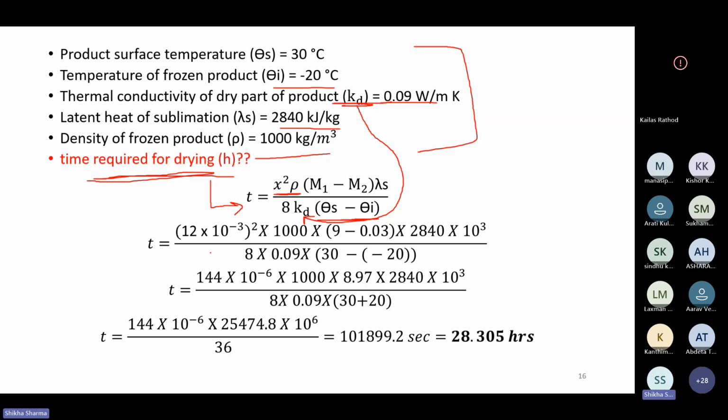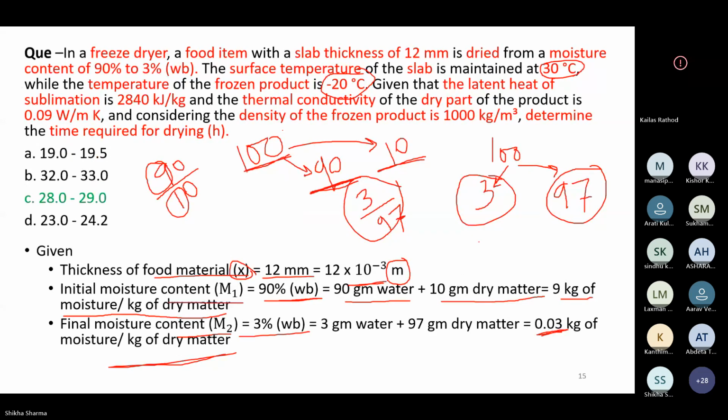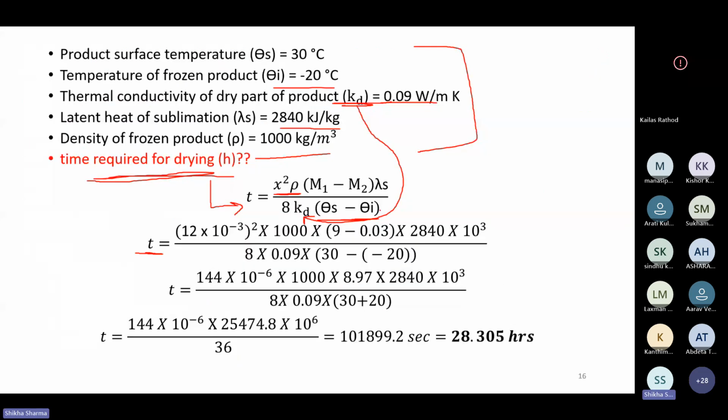So we need to just put in this formula. The time required for drying is equal to thickness, which is given as 12 into 10 to the power minus 3 meter, and its square, then multiplied by the density of the frozen part, which is 1000 kg per meter cube.